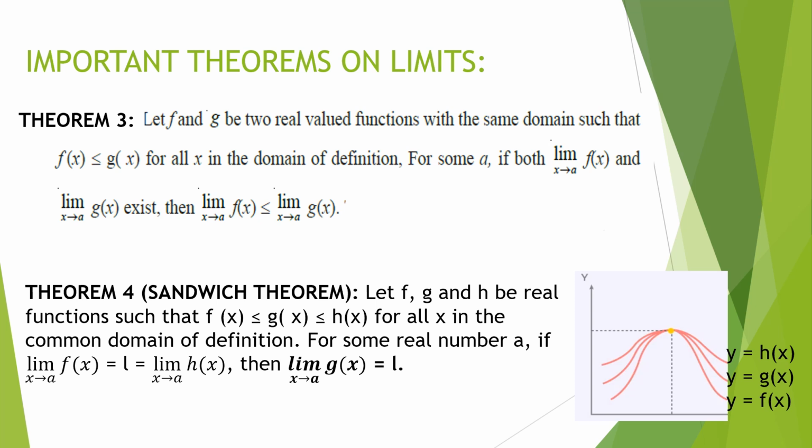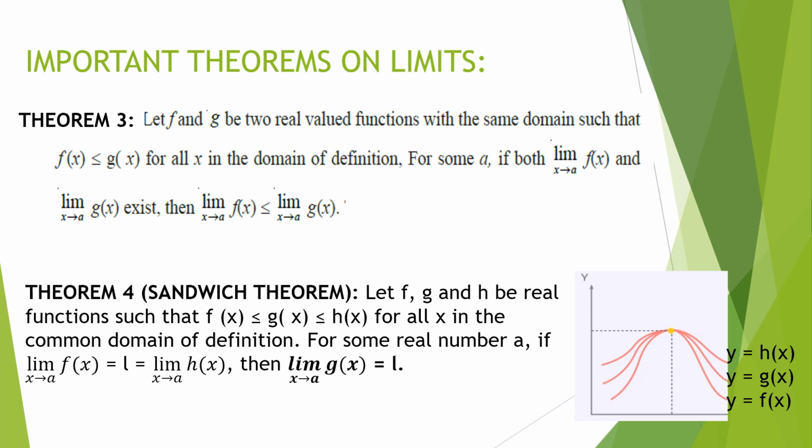From this we get the next theorem, which is called the sandwich theorem. It says that let f, g and h be real functions such that f(x) less than or equal to g(x) less than or equal to h(x), means g(x) lies between f(x) and h(x) for all x in the common domain of definition.